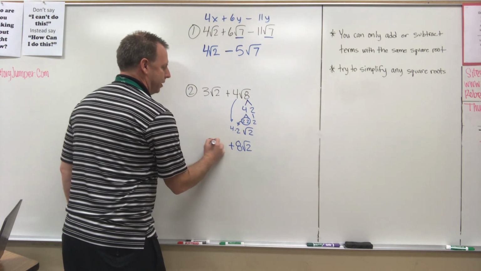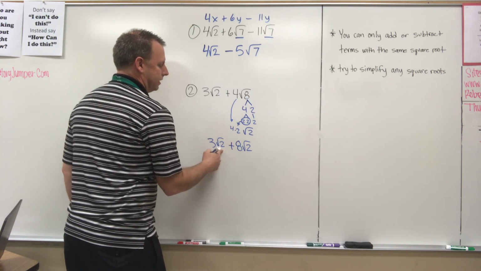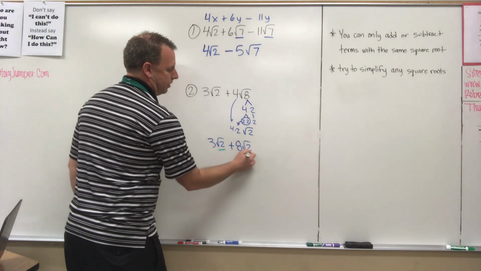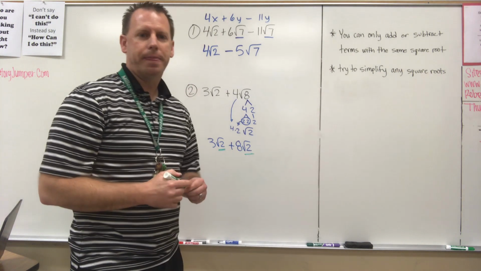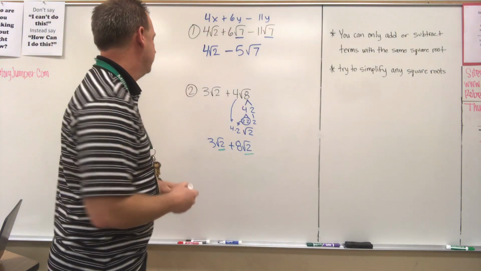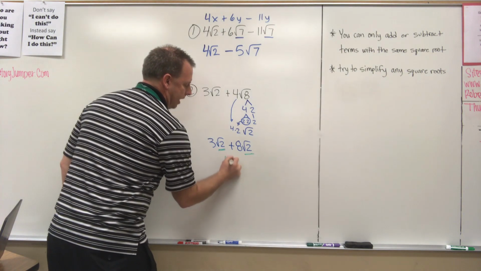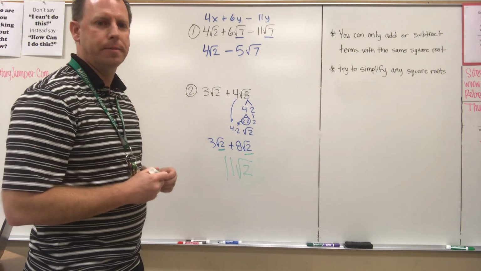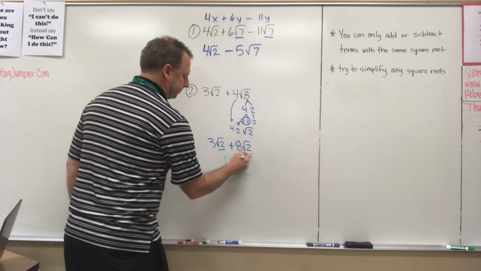Now I can put him together with this guy because they both have square root 2's. So 3 square root 2 plus 8 square root 2 gives me 11 of those square root 2's. 11 square root 2.